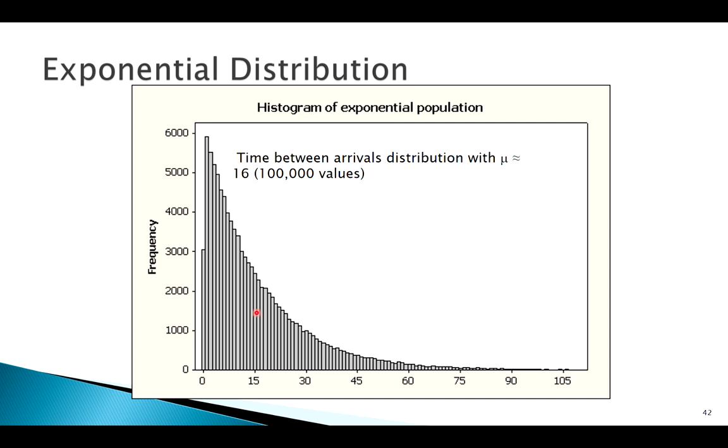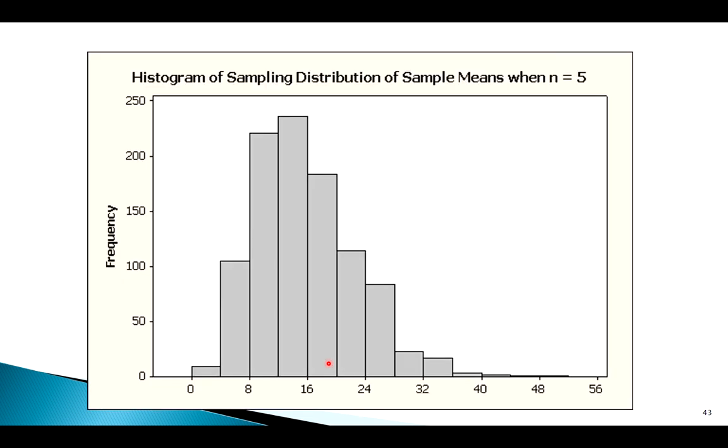All right, so here's my exponential population that I'm sampling from. So I took 1,000 samples of size 5, graphed their sample means, and here's what I got. So shape, we want to keep the same questions in mind. Shape, well, I don't think it looks exactly normal. I think it looks kind of right skewed.